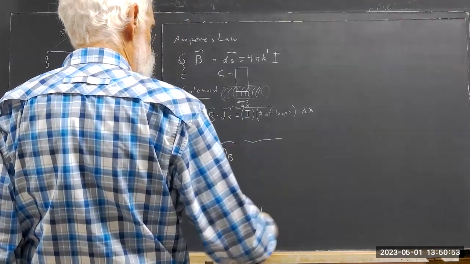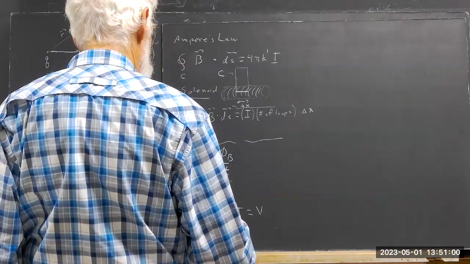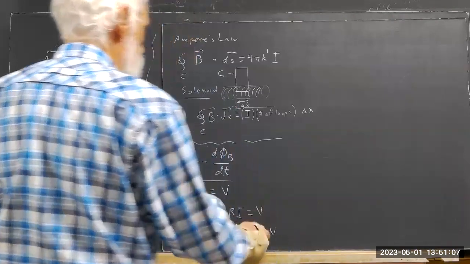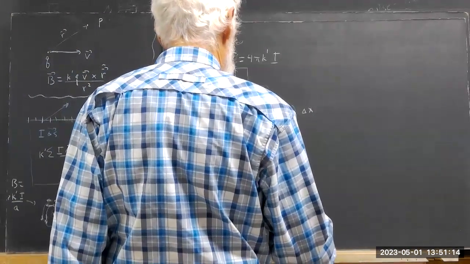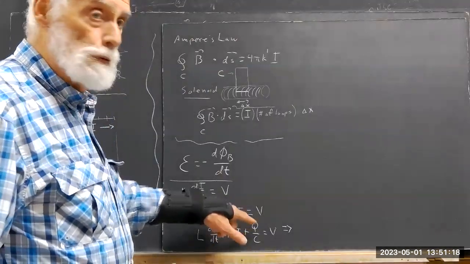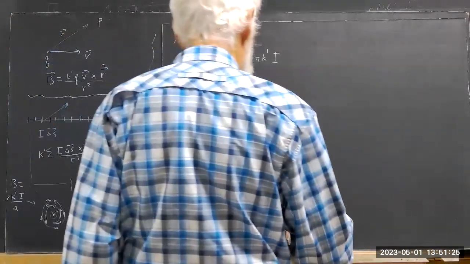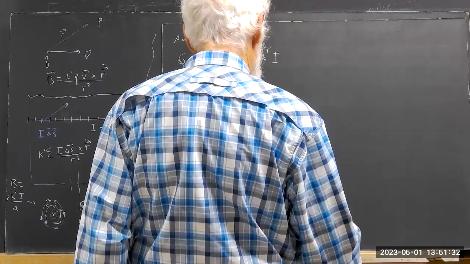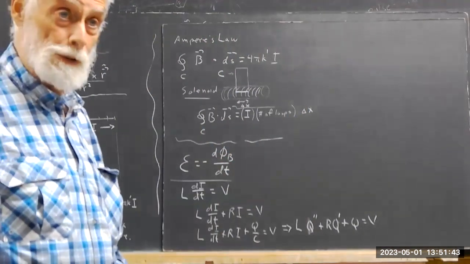For the capacitor, we have a voltage drop Q over C. Of course, this equation has two variable quantities, Q and I, but fortunately they're related because I is just dQ dt, giving us this equation, which is a familiar differential equation.